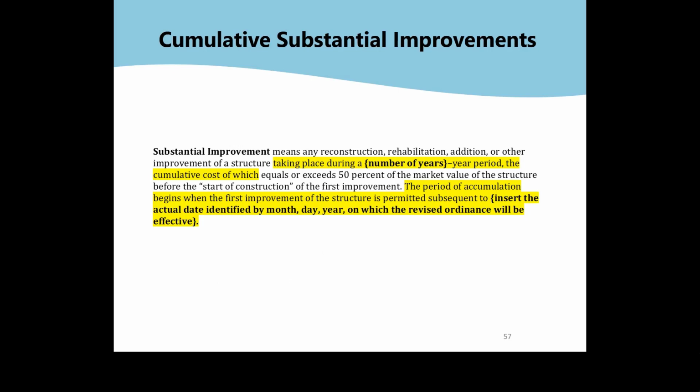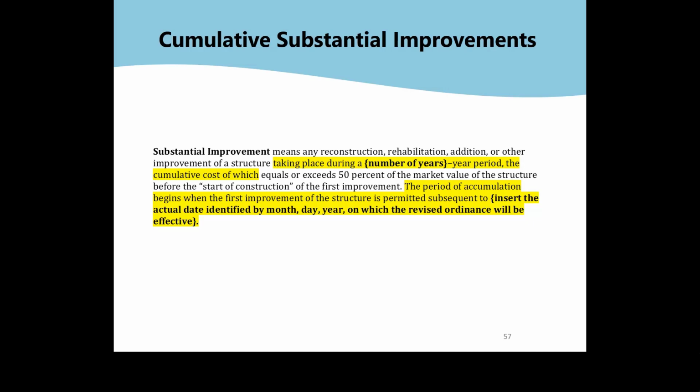So here we have an example of how you could modify the existing substantial improvement definition in your ordinance to make it cumulative. In the first part, you would just need to decide how long that period would be that you'd be tracking them cumulatively.